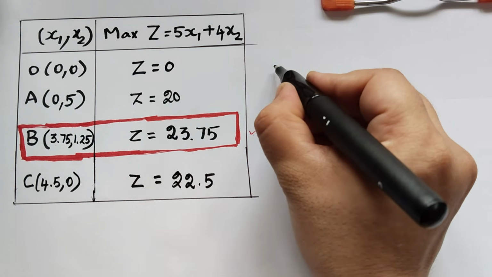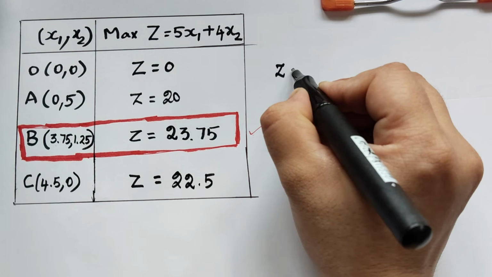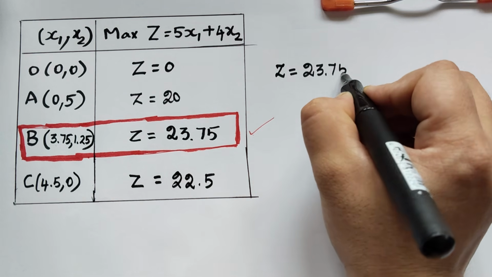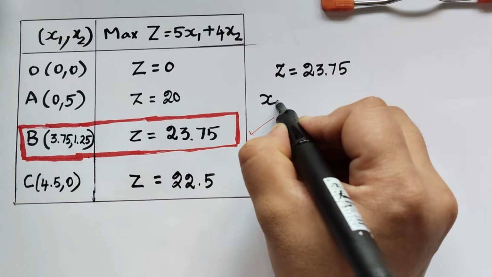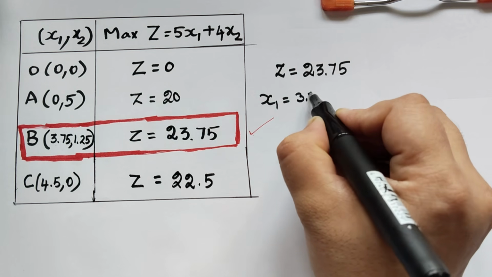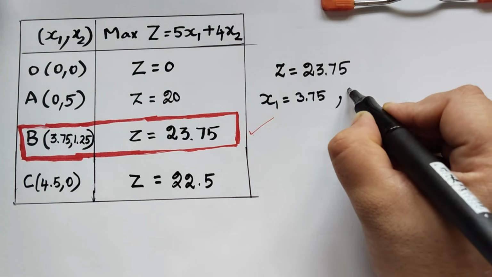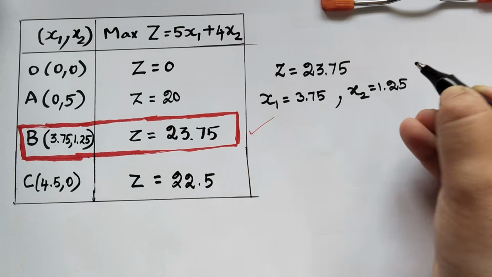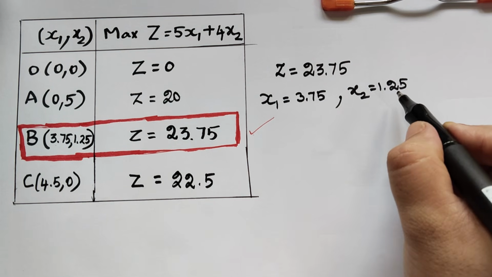So now let us write the solution that we have obtained, which is Z equal to 23.75 for x1 equal to 3.75 and x2 equal to 1.25. So this is the first solution.